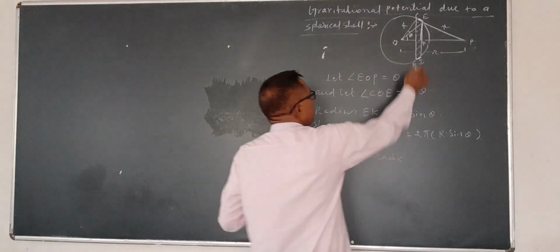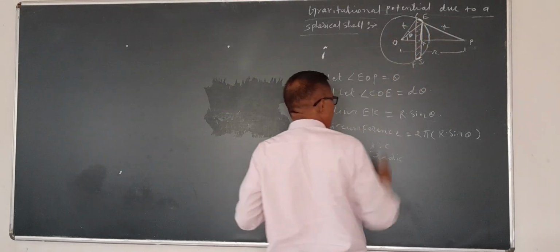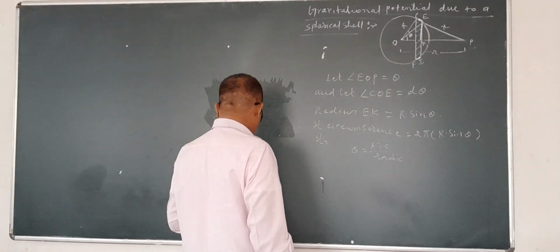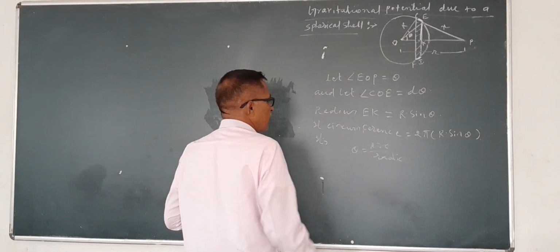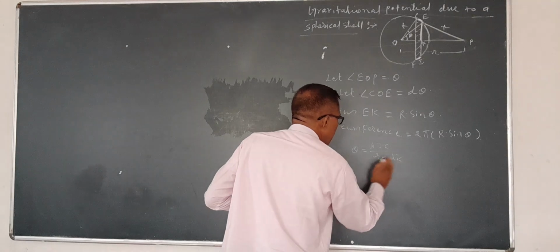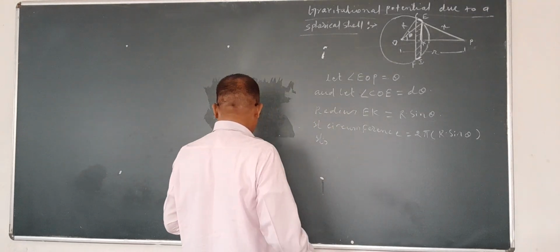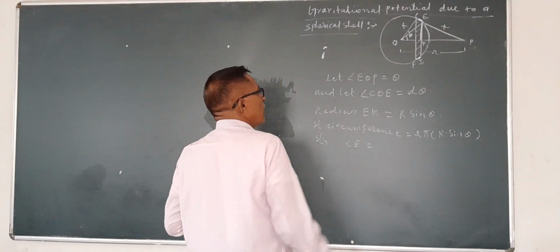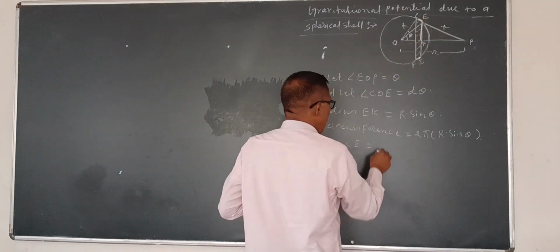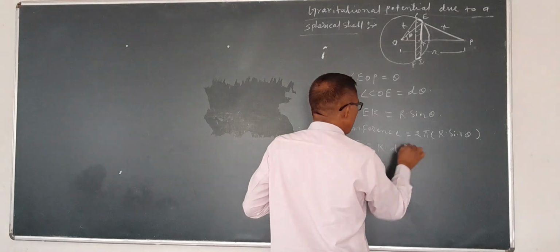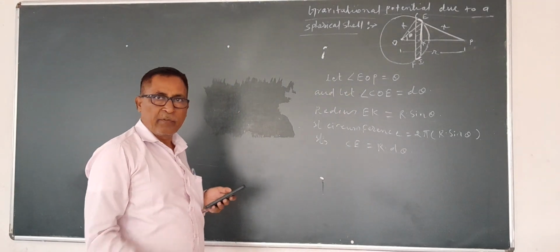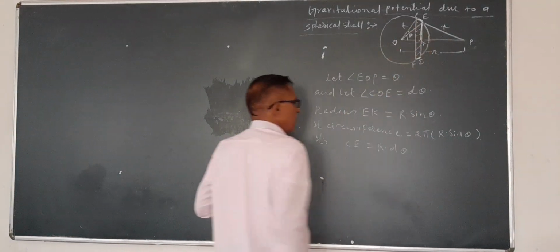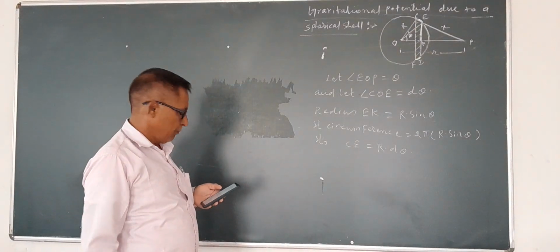Here the arc is CE and radius is r, so arc equals r into d theta. This is the width of this spherical slice.